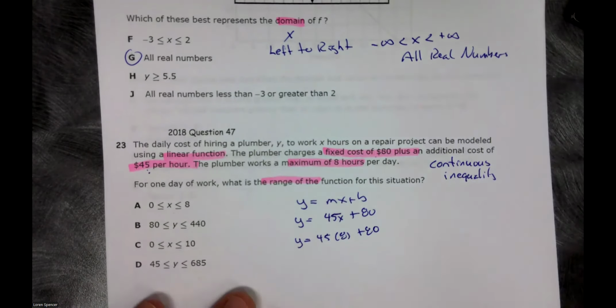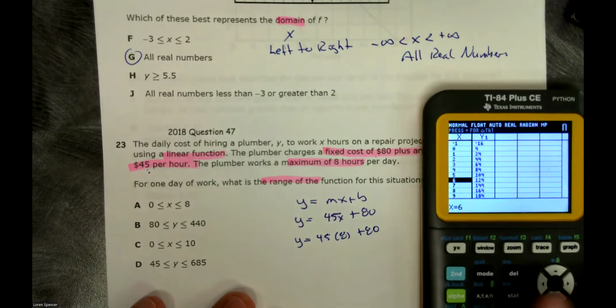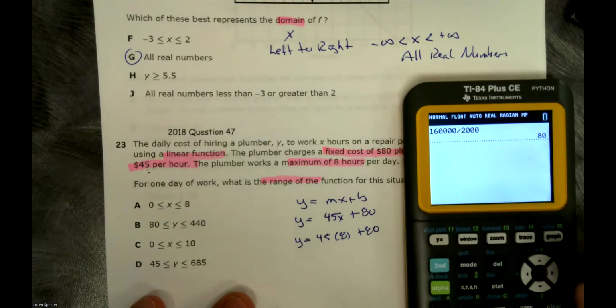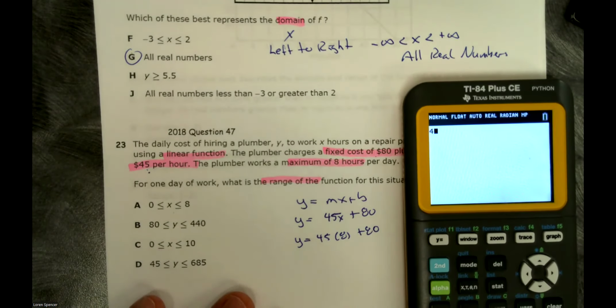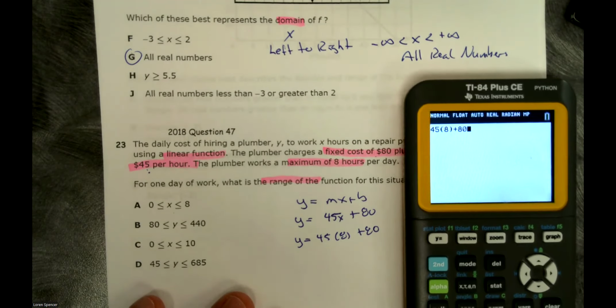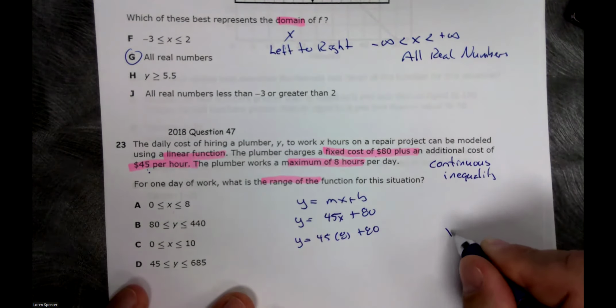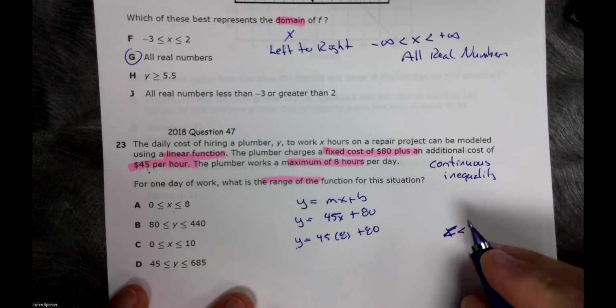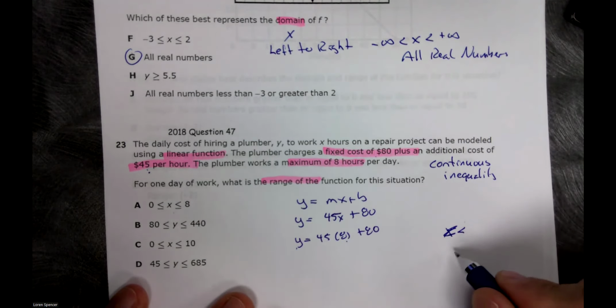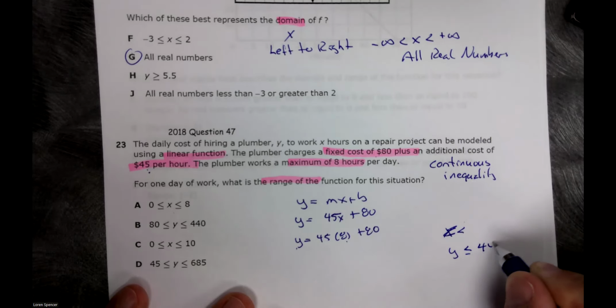And just using the calculator, calculate that out. 45 parenthesis 8 plus 80 is 440. So we're looking for our y value. Our x is 8. So y has to be less than or equal to 440.